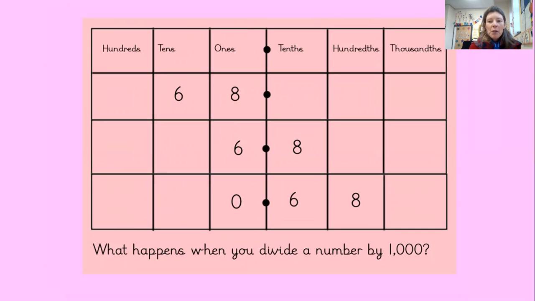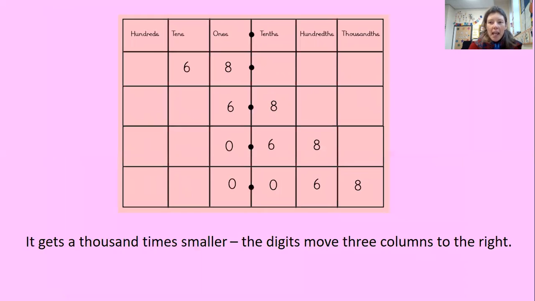Now, what happens when you divide a number by 1,000? Well, again, you can see it here in our place value table. When you divide a number by 1,000, it gets 1,000 times smaller, so the digits move 3 columns to the right. If we go back to our starting number of 68, when we divided by 10, it moved down 1 column to 6.8. When we divided by 100, it moved down 2 columns to 0.68.